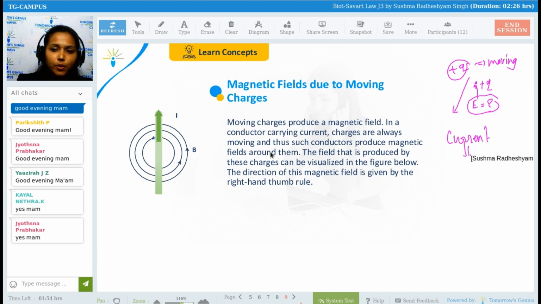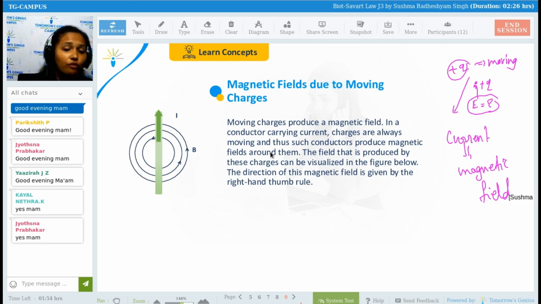And due to this current, your magnetic field is generated. So this is simply a conversion of electric field to magnetic field. When your charge starts moving, it produces a magnetic field. The direction of the current is shown by this, and the curl, the circular part, shows the direction of the magnetic field. Clear this part?